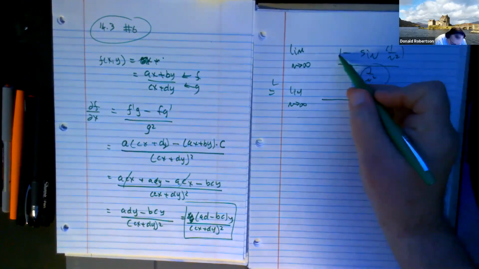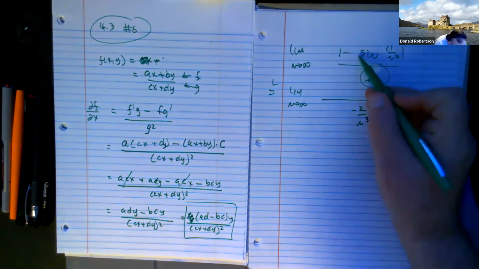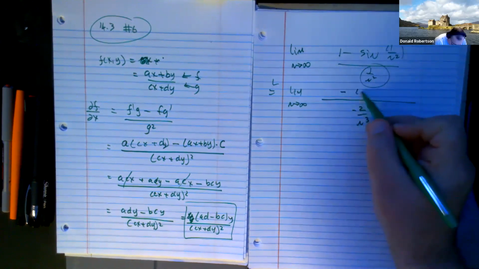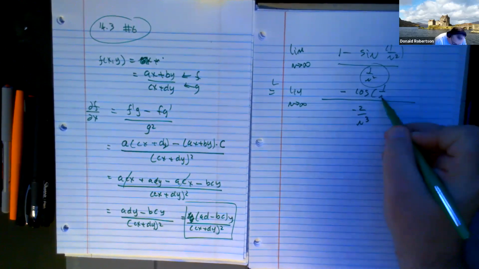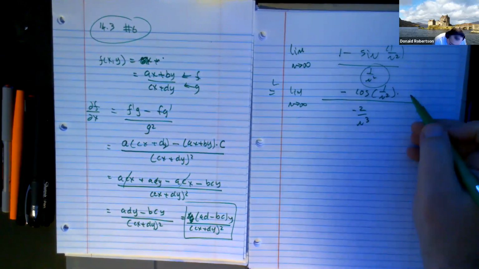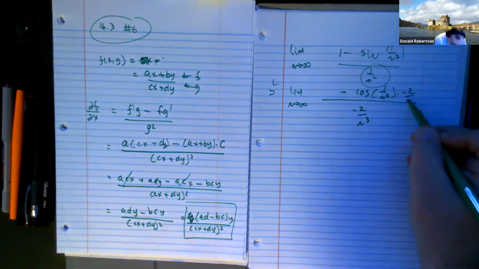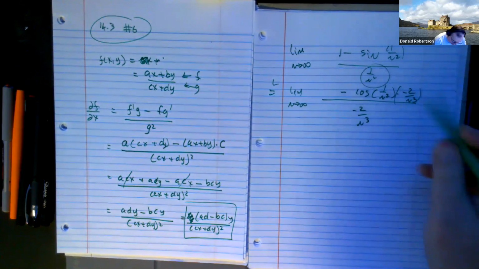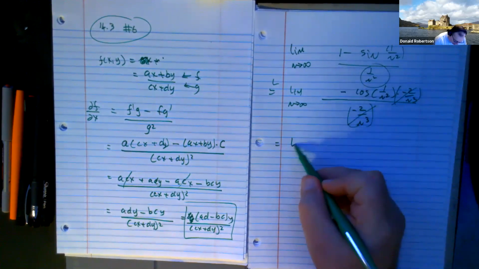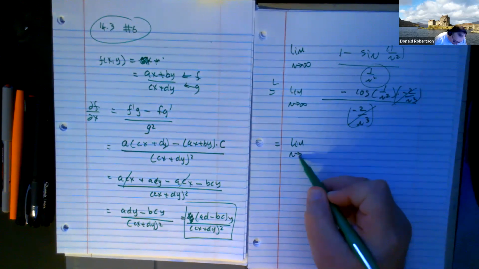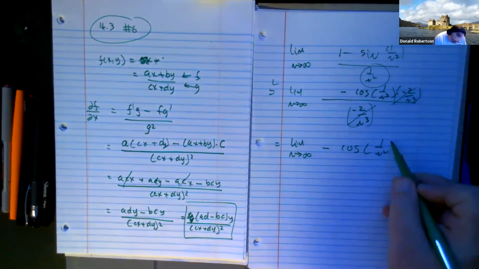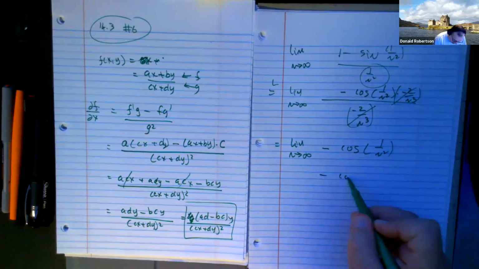If you differentiate that, you get 0. If you differentiate this, you get negative the cosine of 1 over n squared times the derivative of 1 over n squared, which is this fella. But this fella cancels with that fella, and we now have the limit as n tends to infinity of negative the cosine of that, which I can do as brute force.